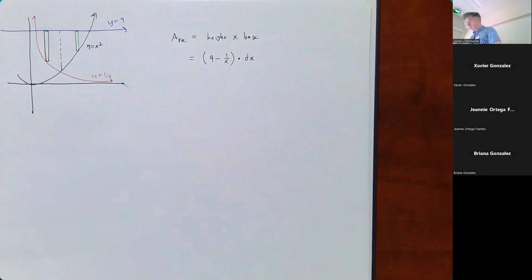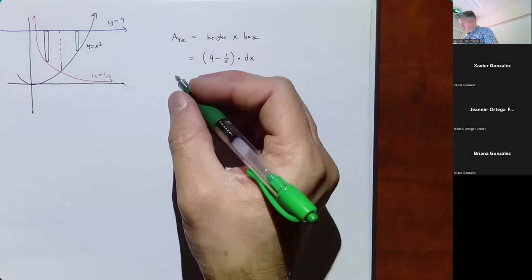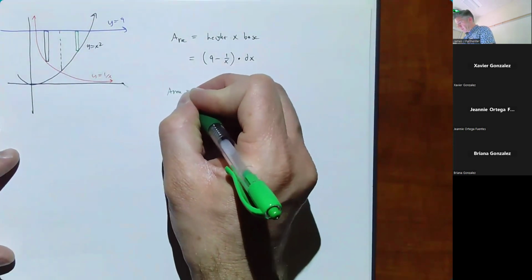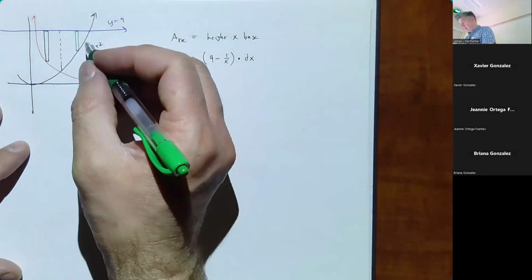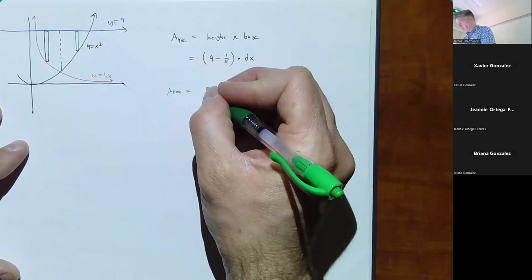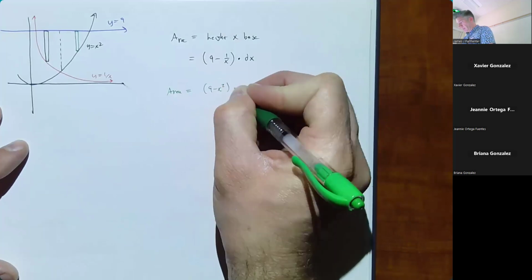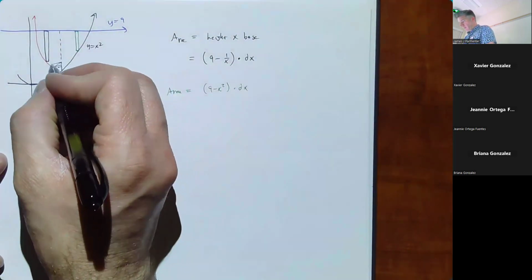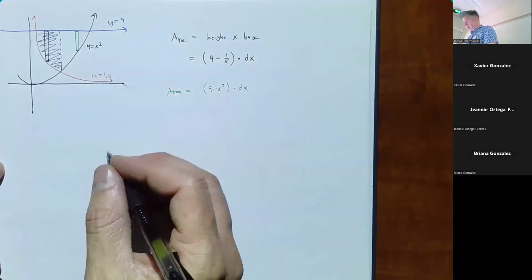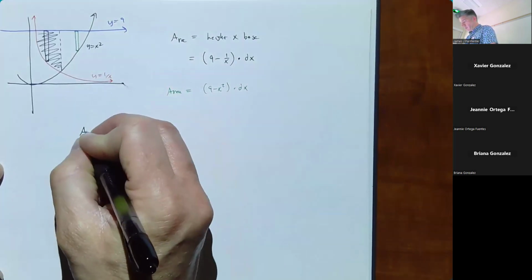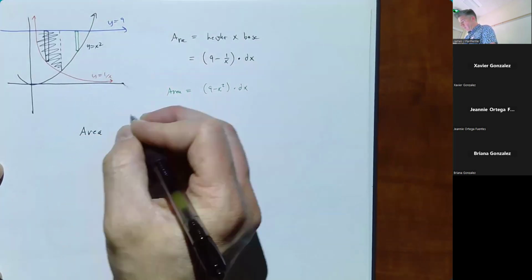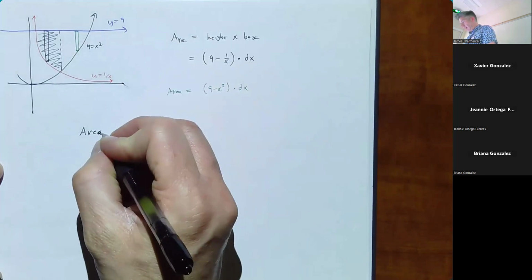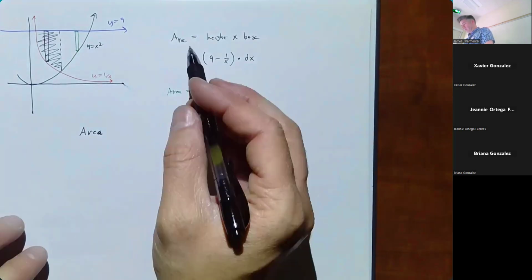And then for the green rectangle, the area of the rectangle is going to be the height, which is 9 minus x squared, times the base, which is also a dx. So then, for the black area here, I'm sorry, I should point out, these things look the same.